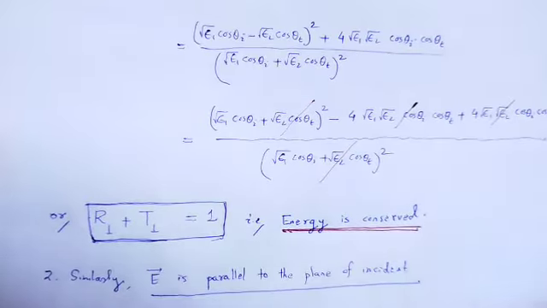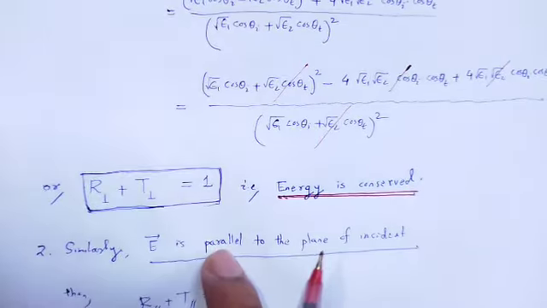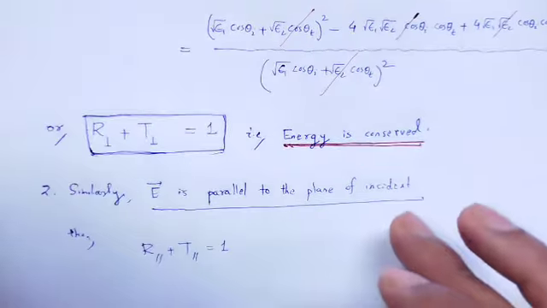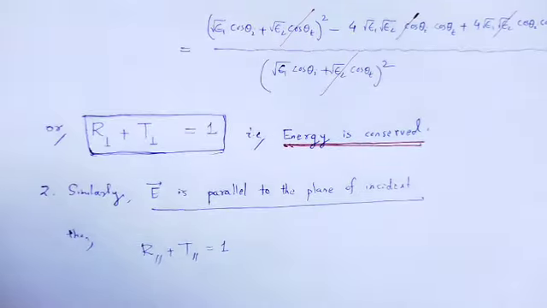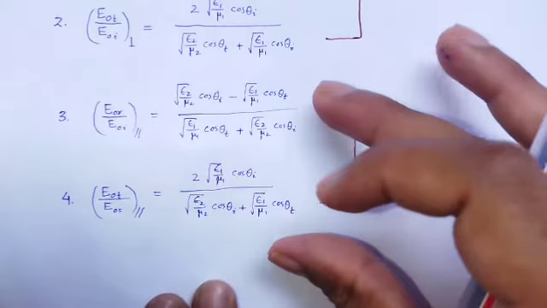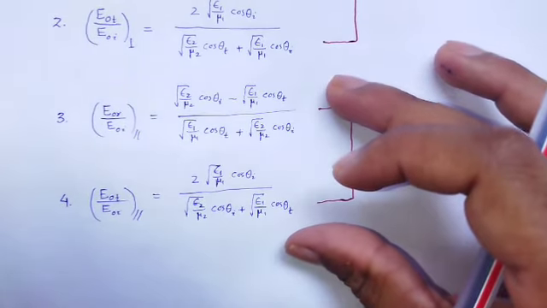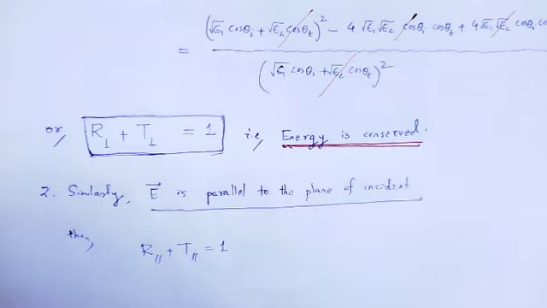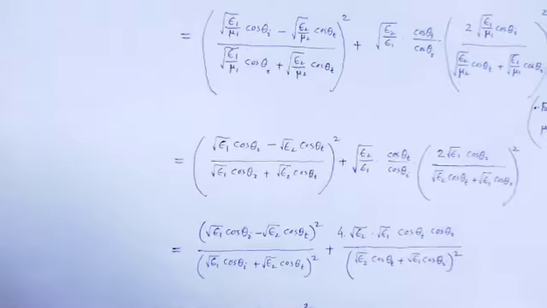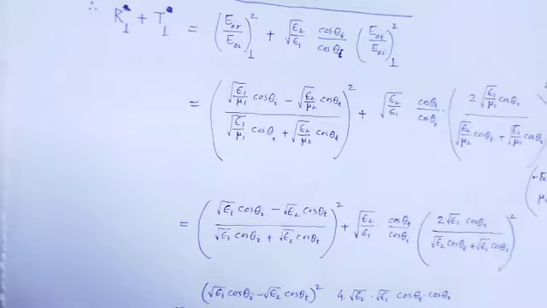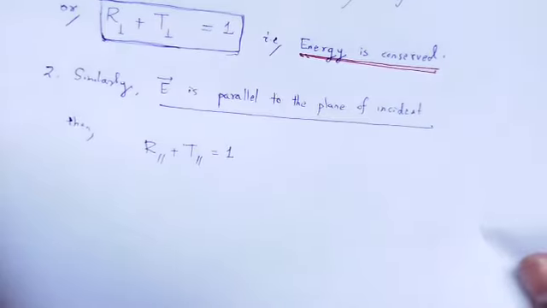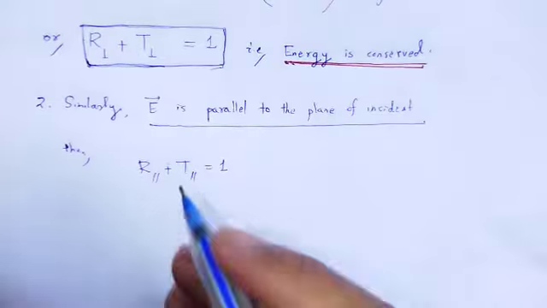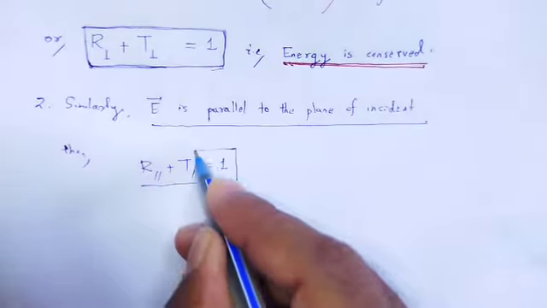In a similar manner, we can prove it when the E vector is parallel to the plane of incidence. Then another two pairs of Fresnel's equations come into the picture, and putting in these values and simplifying under the non-magnetic medium condition, we finally obtain R parallel plus T parallel equal to 1.